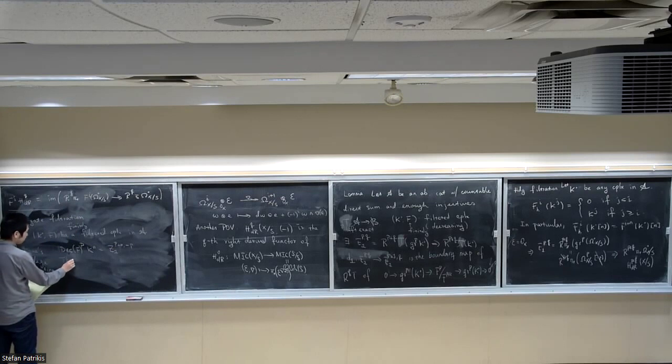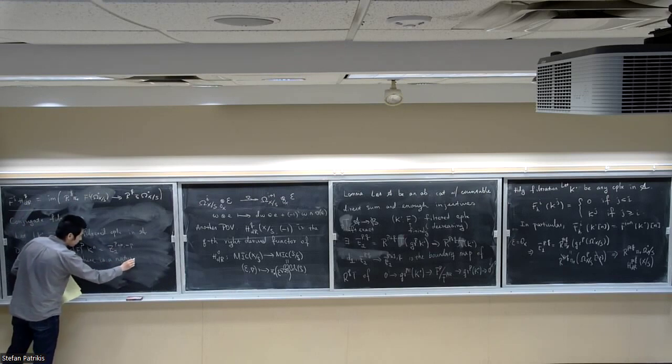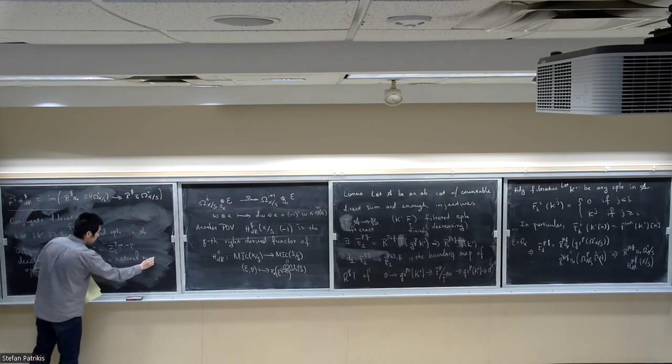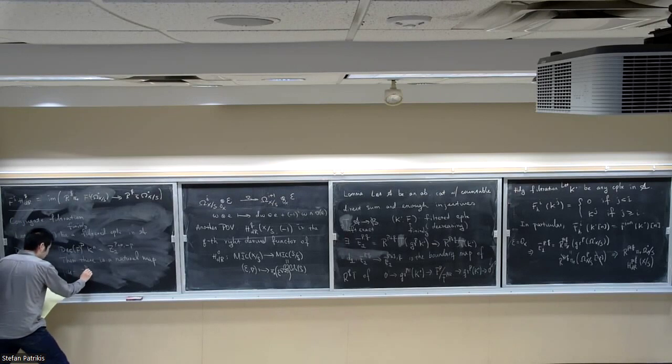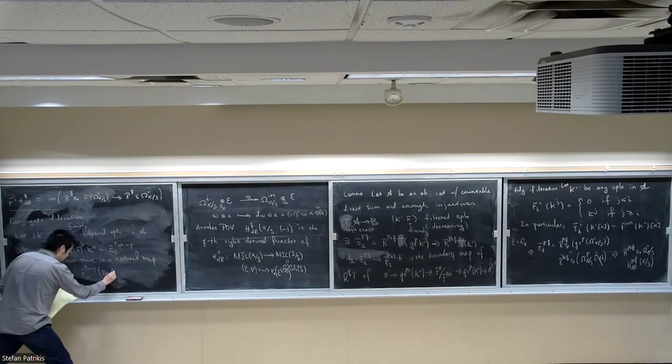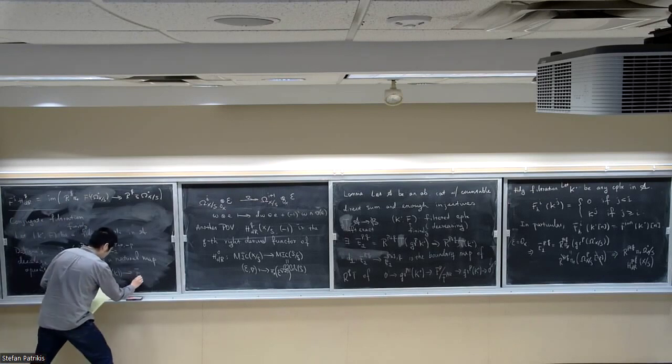Then there is a natural map U, which goes from the E0 page, P n minus P Dec K, going to E1 of P plus n minus P K.